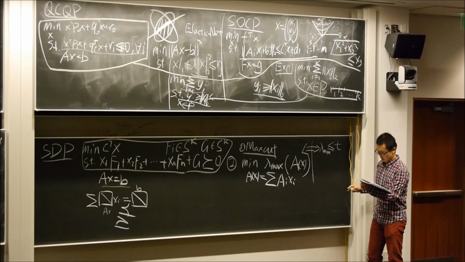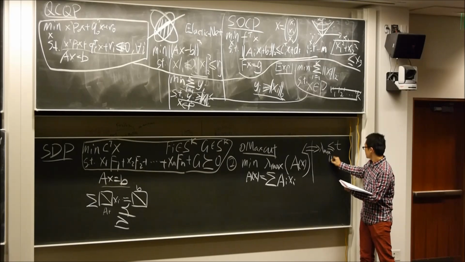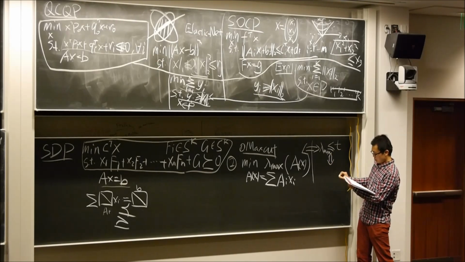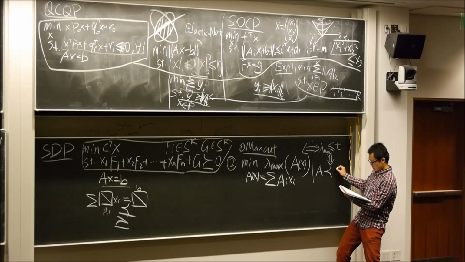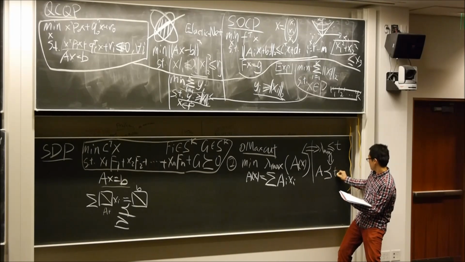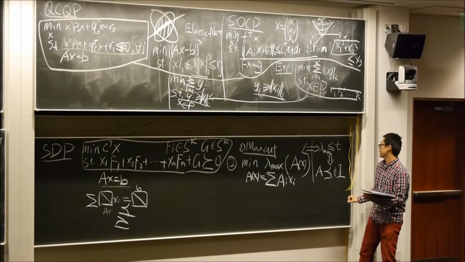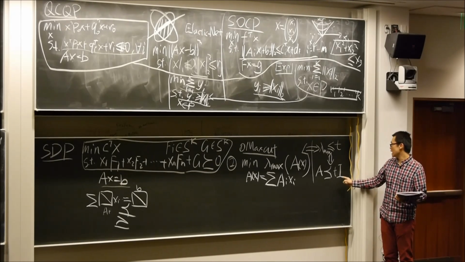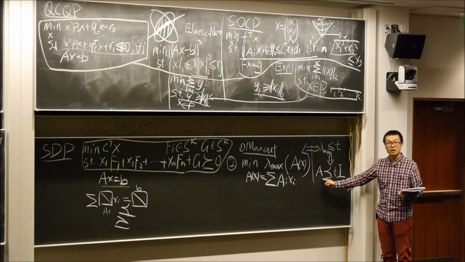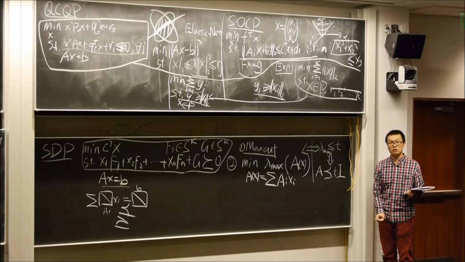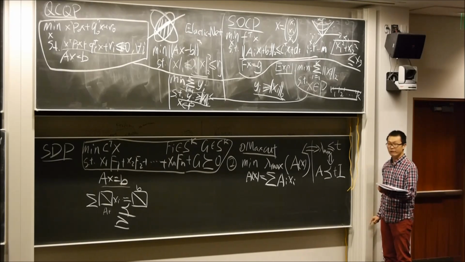In lambda max here, this is equivalent to saying A is smaller than t times identity. And that means if we subtract A from the t times identity matrix, we'll get a positive semi-definite matrix.